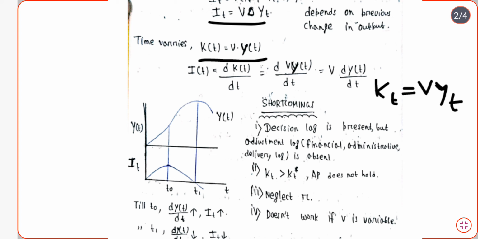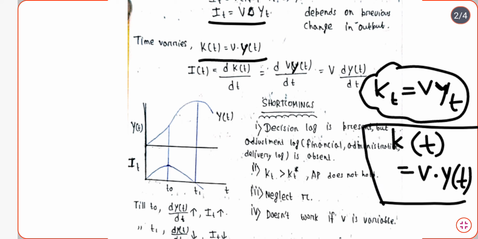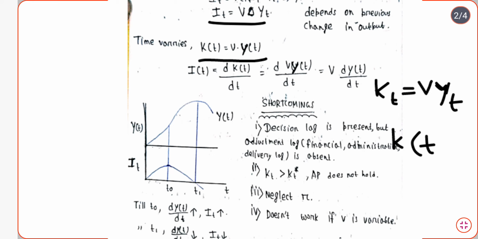But suppose you want to write it in the form that k of t is equal to v into y of t, then that is also okay. Both are acceptable and neither has any kind of issue or problem. You can do both. So k of t is basically v into y of t.